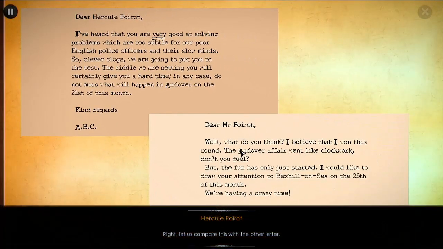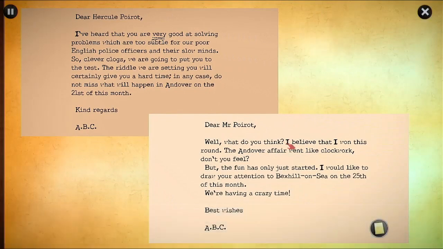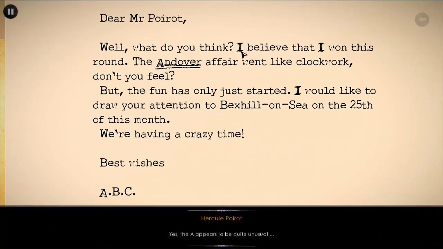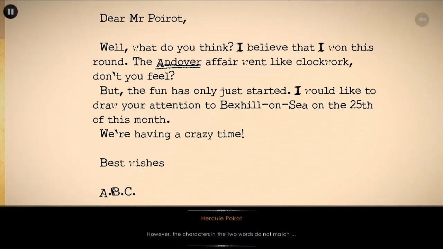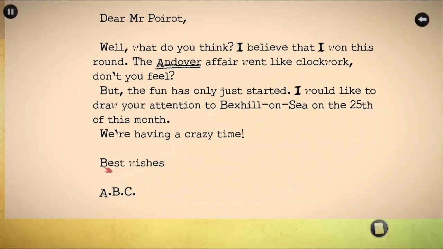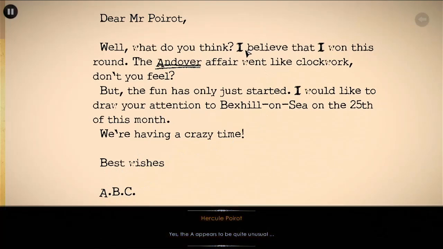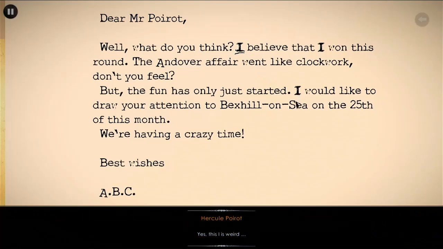And let us compare this with the other letter. Yeah, it has the same defect. So the A, the I. However, the characters in the two words do not match. He hasn't called me Hercule this time. Yes, this I is weird.